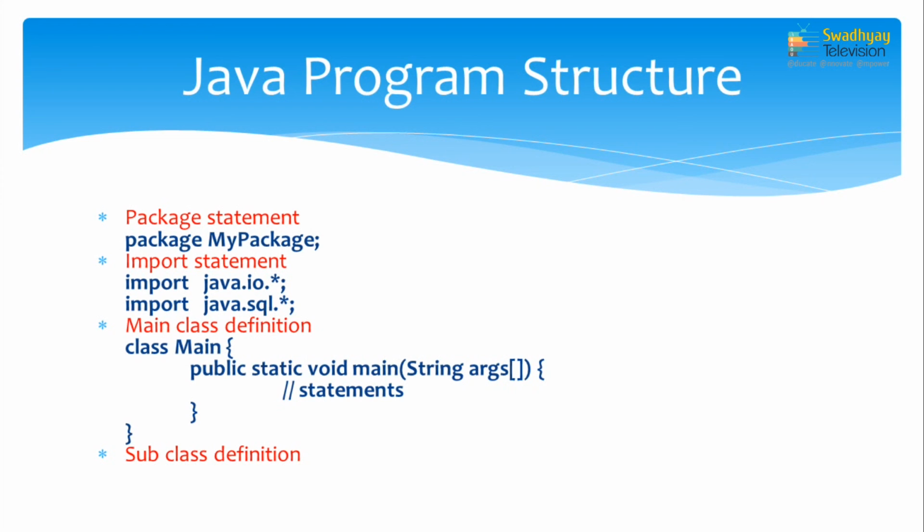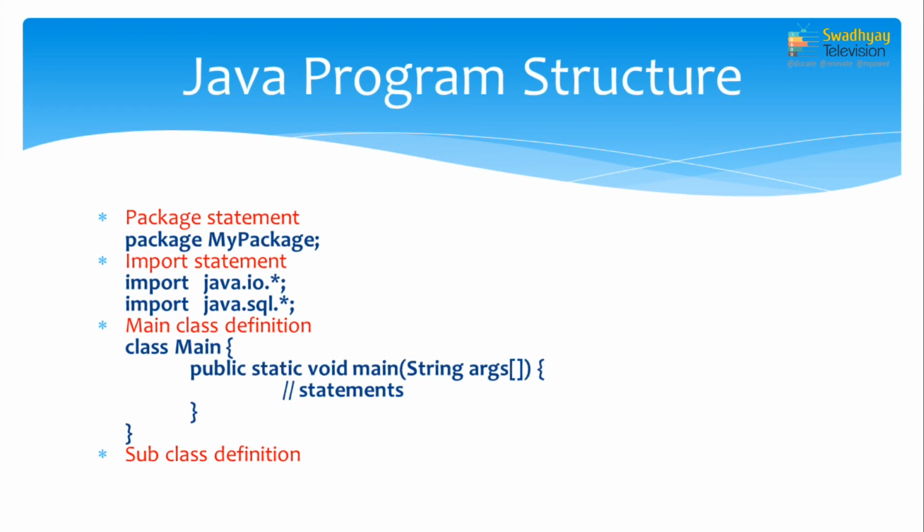Java provides a number of inbuilt classes, and all related classes are organized as a class library. For example, here we write import java.io.*. It means it combines all the input output related classes in the java.io package.